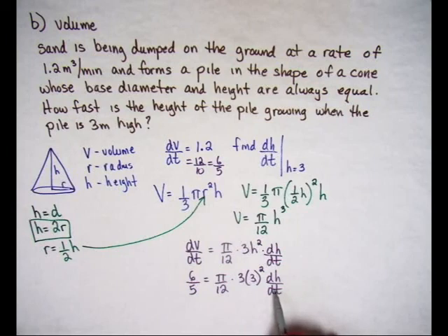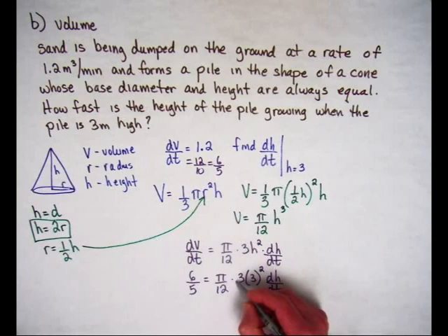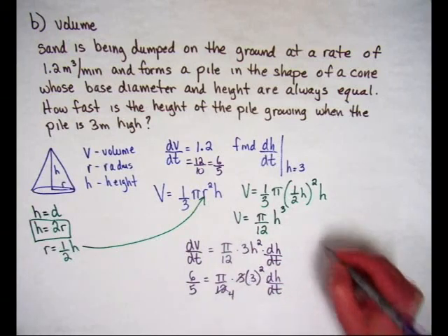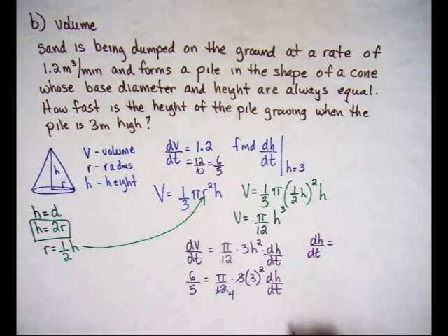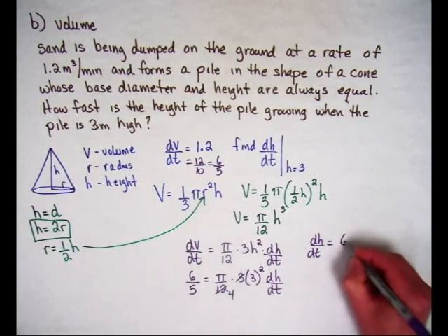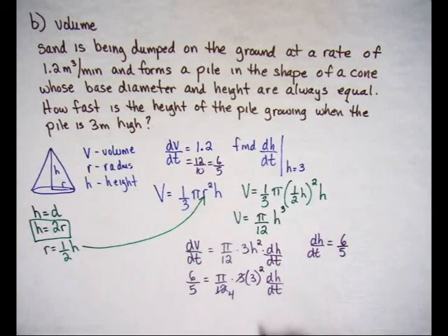To get this dh/dt by itself, all I have to do is get rid of this constant in front of it. So everything that's being divided gets multiplied, and everything that's being multiplied gets divided. I can first of all reduce. This 3 will go into this 12 4 times. And so I can now go dh/dt equals, I've got my original 6/5, and then this 4 that's on the bottom is we're dividing by 4.